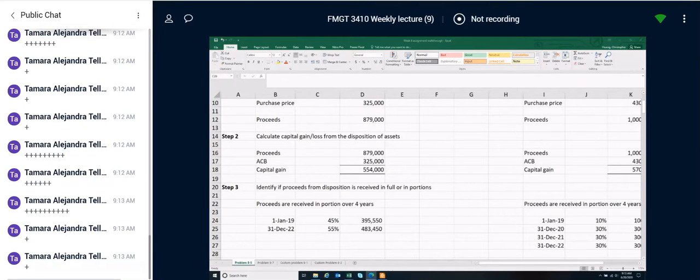Yeah, the lesser reserve, but which option?